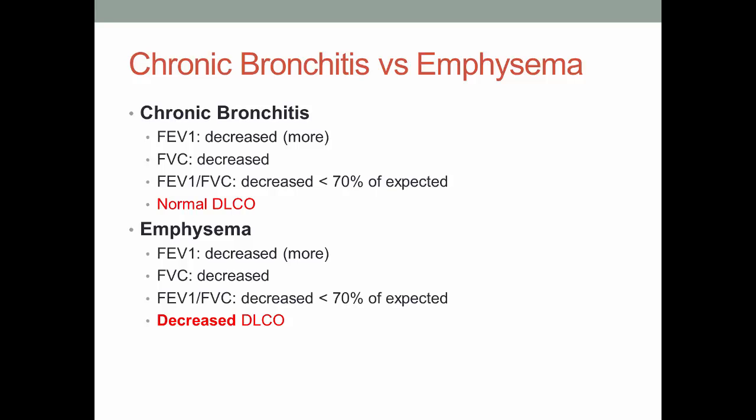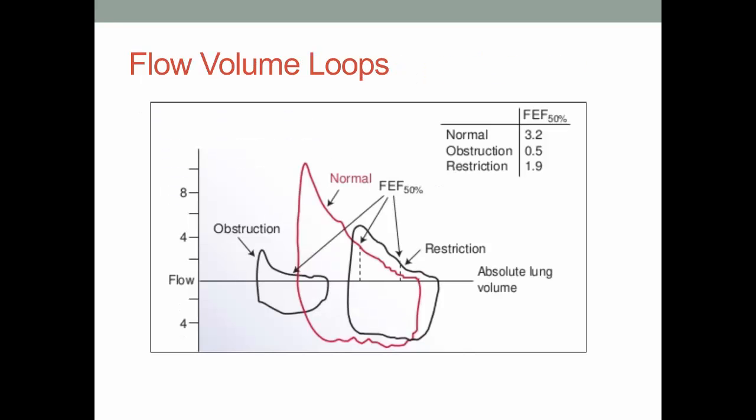So in chronic bronchitis, that does not happen, right? It's more a different part of the airway. So the ability of carbon dioxide and oxygen to diffuse is normal. So the takeaway message is that for COPD, the ratio is decreased. Most of the PFTs are decreased, the FEV1 and the FVC. And then you want to look at the DLCO. Is it chronic bronchitis or emphysema?